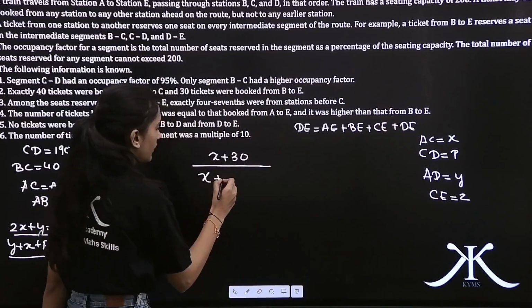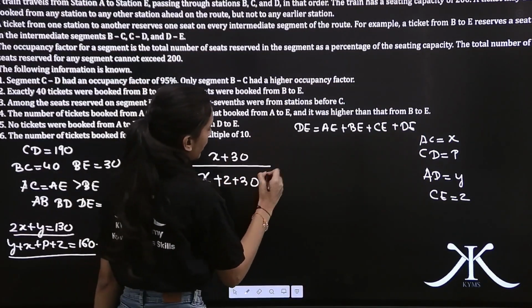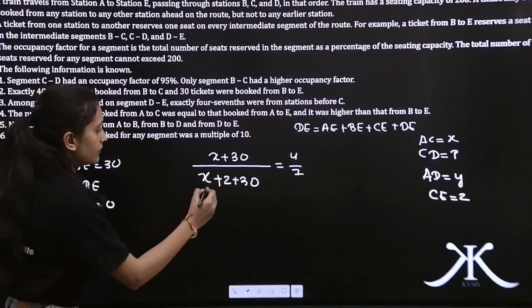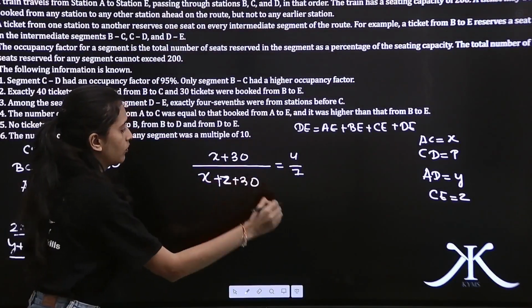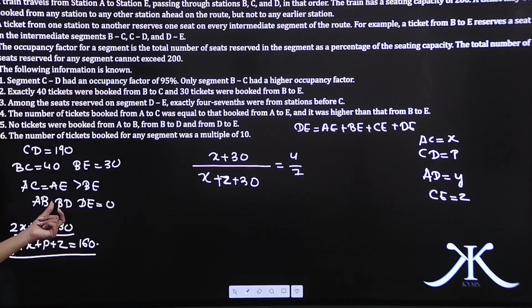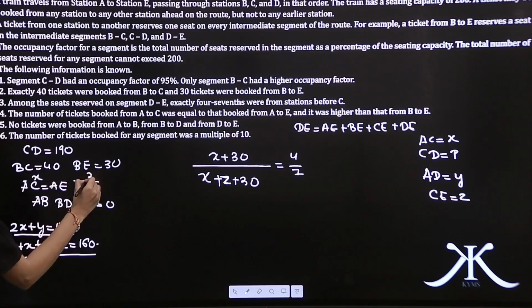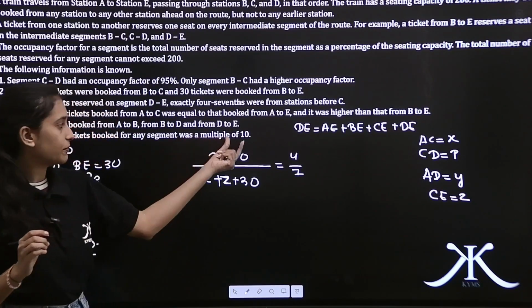So that would be X plus Z plus 30, and that would be equal to 4/7. We have been told that X should be greater than 30, and we want a multiple of 10.